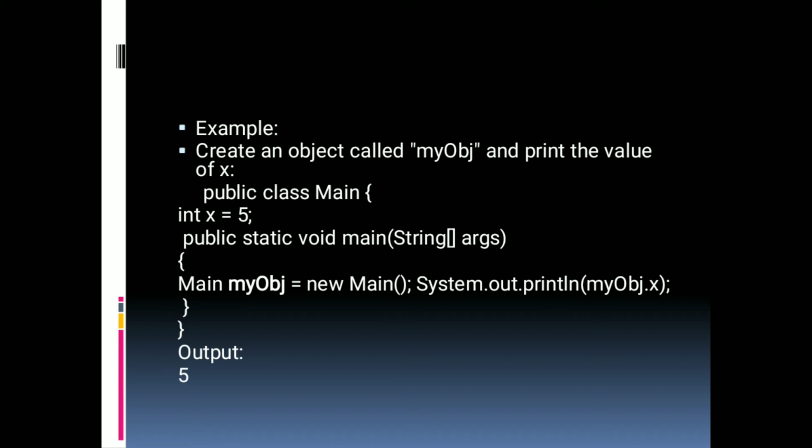So we are printing the value of x by using the myObj object. The object dot x will refer to the value of x. So in System.out.println, whenever you want to print the value of any variable, you have to use object dot variable. So our output will be 5 here.